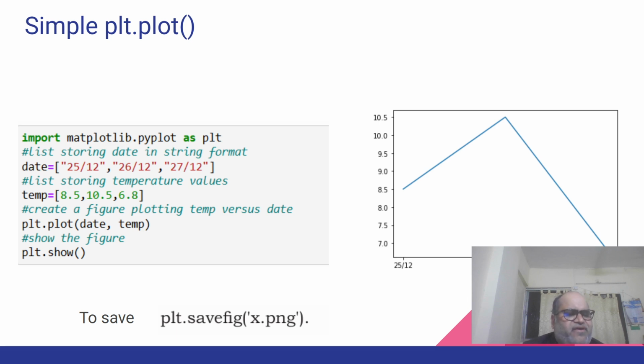And to plot it, we simply call plt.plot with date and temperature. As you can see on the right hand side, on the x-axis you have 25/12, 26/12, 27/12, and since it is a simple line by default, you see the temperature going from 8.5 up to 10 and then coming back to 6.8.